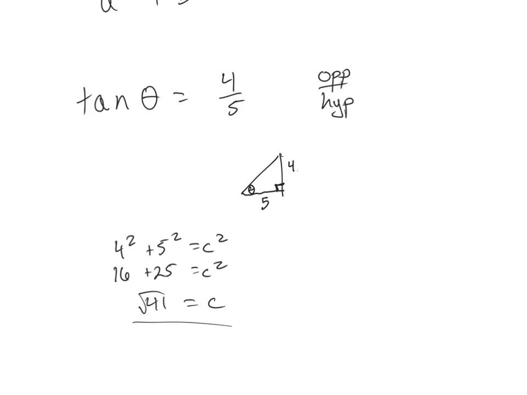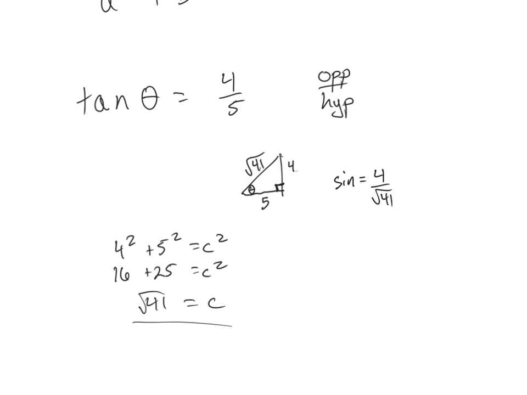So c, our hypotenuse, is the square root of 41. Now we can find the rest with this, right? Sine is our opposite over our hypotenuse, which is 4 over the square root of 41.